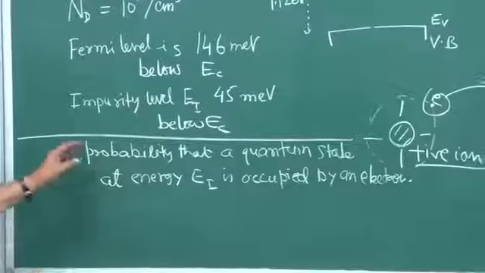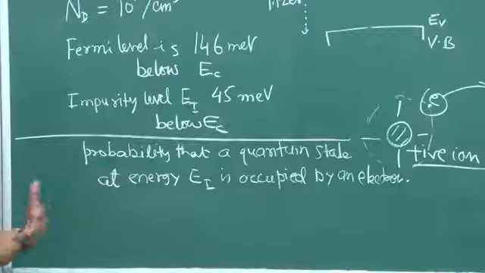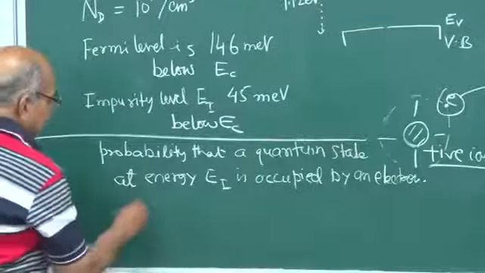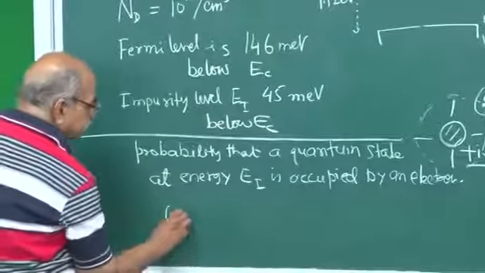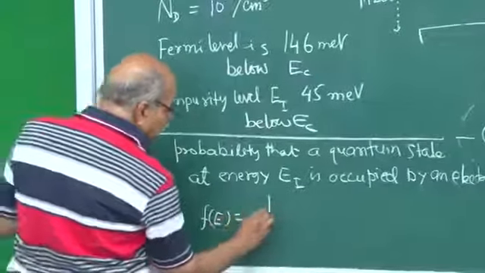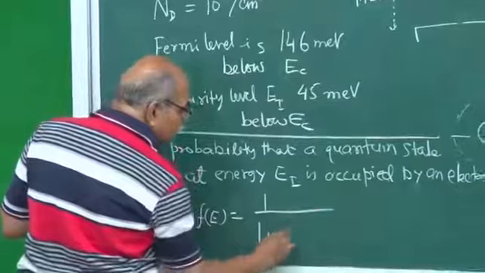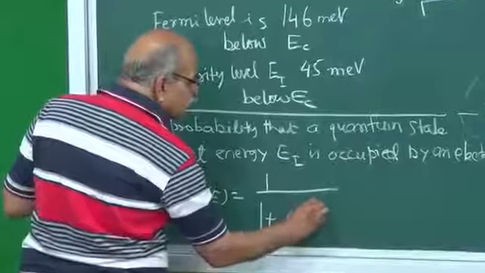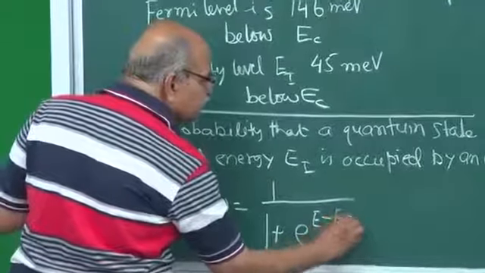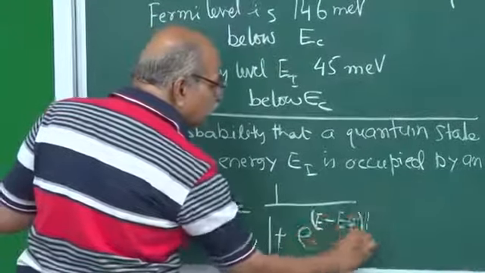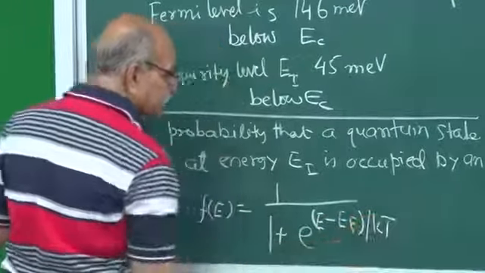This probability will be given by that Fermi function f of E, which is 1 divided by 1 plus e power (E minus EF) over kT.